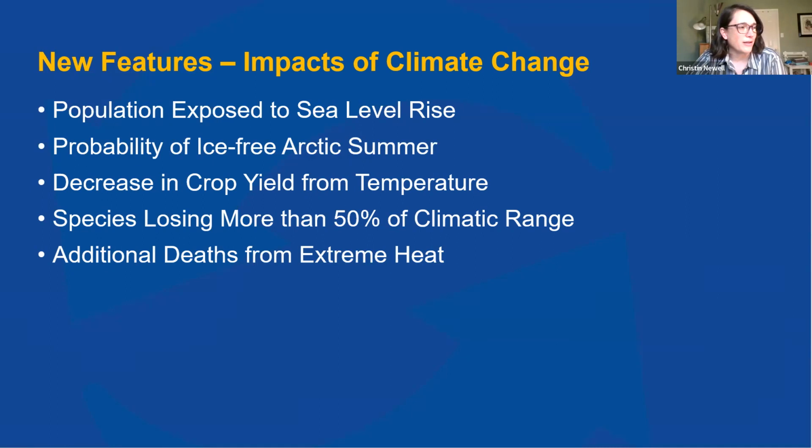They've added a decrease in crop yield from temperature, and species losing more than 50% of their climatic range, broken down by broad categories of species. And then they've added additional deaths from extreme heat, set up by part of the world.